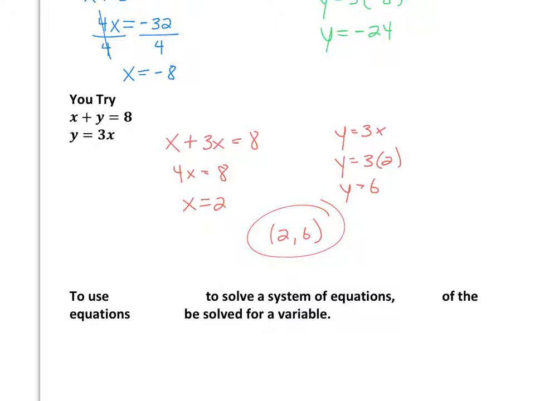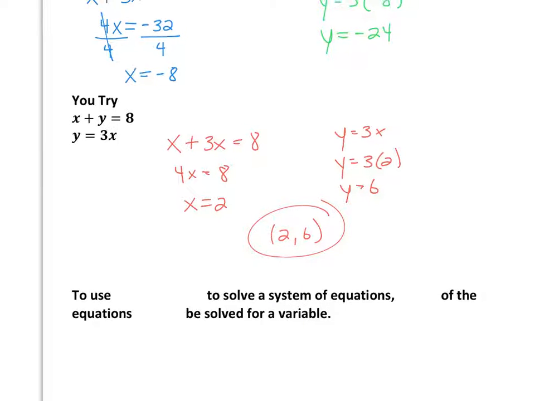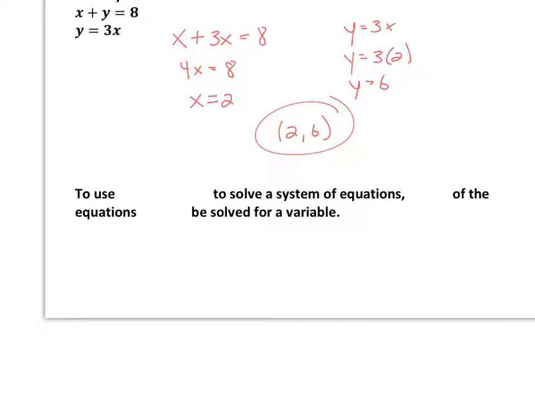Okay, so solving that problem there, we should have gotten the answer 2, 6. You can check your work against what I have there, and then we will move on to our next section. All right, so as we talked about at the very beginning, to use substitution to solve a system of equations, one of the equations must be solved for a variable, right?